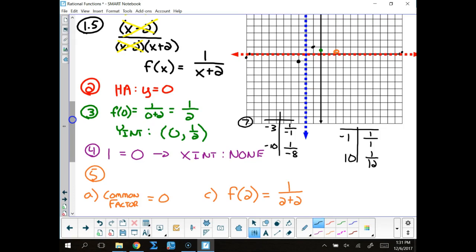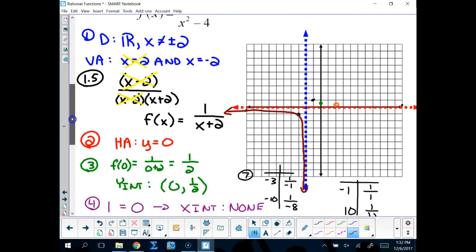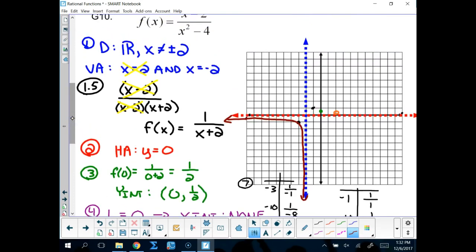Okay? Now, when you go and draw your function, on this left side, it's all kinds of normal. On the right side, however, you have to physically lift up your writing utensil, jump over your hole, and resume.